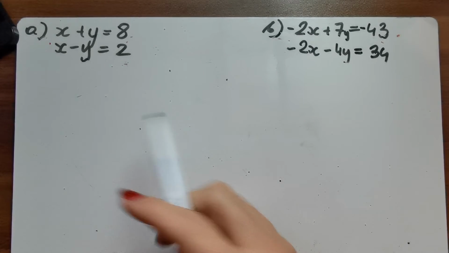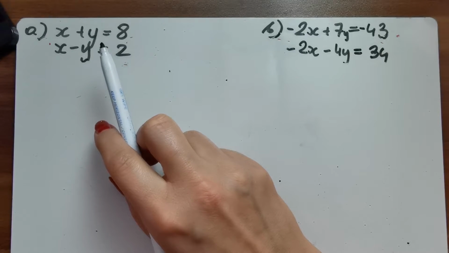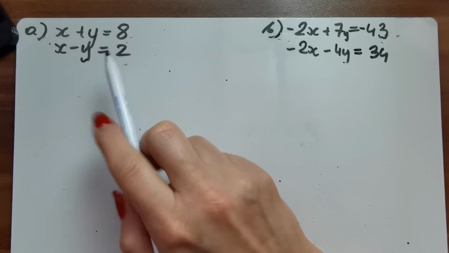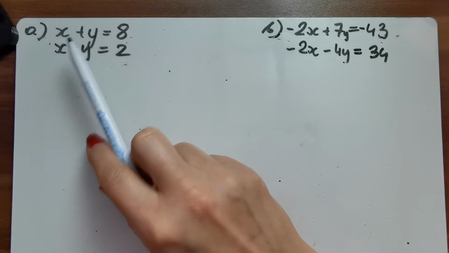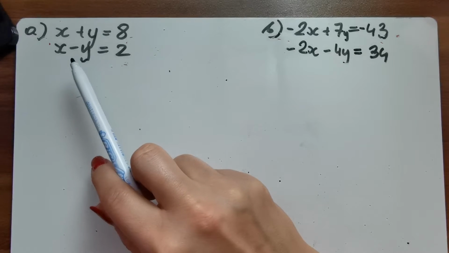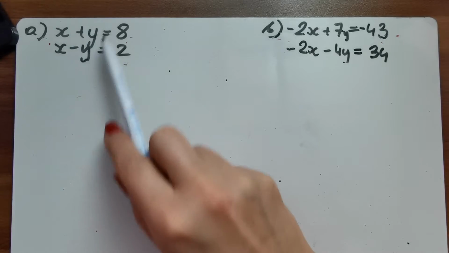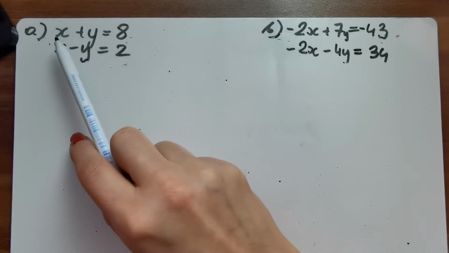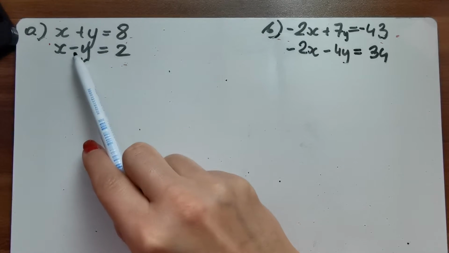First, when I'm looking at the equations, I need to decide if they are in the correct form. Can I add them or subtract them? Basically, do I have any letter with the same coefficient? In this example, I have exactly 1, 1, 1, and -1.